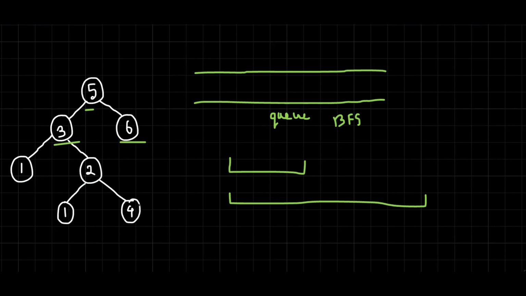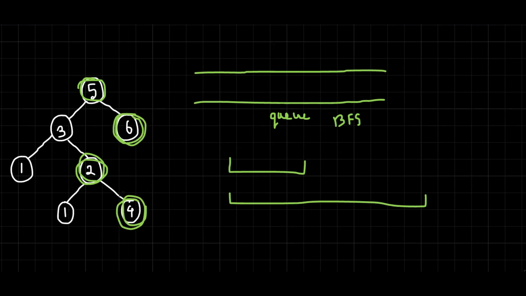Now here, we have to find the largest value in each row. The largest value for the first row is 5. The largest value for the second row is 6. The largest value of the third row is 2. The largest value of the fourth row is 4. So we have to return 5, 6, 2, and 4.